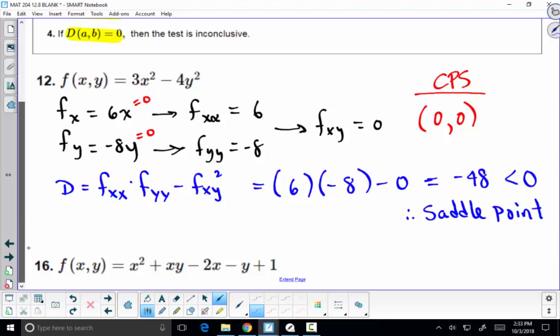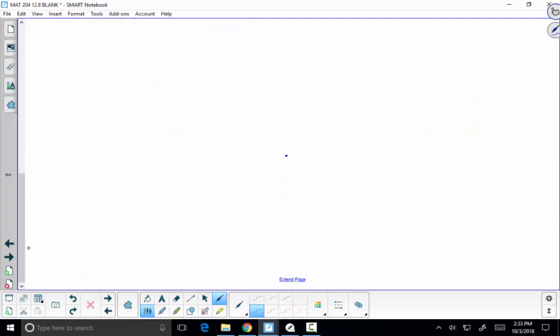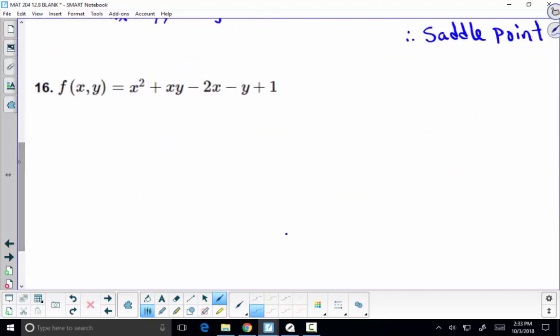But let's try another one. So 16, same idea. Let's find all the partial derivatives. F sub x, 2x plus y minus 2. F sub y looks like x minus 1.